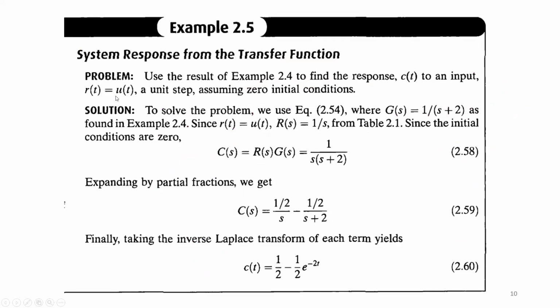See, if I put the unit step u(t) instead of r(t), then what would happen? If I put R(s) as 1 by s, then I have to write 1 by s into 1 by s plus 2.